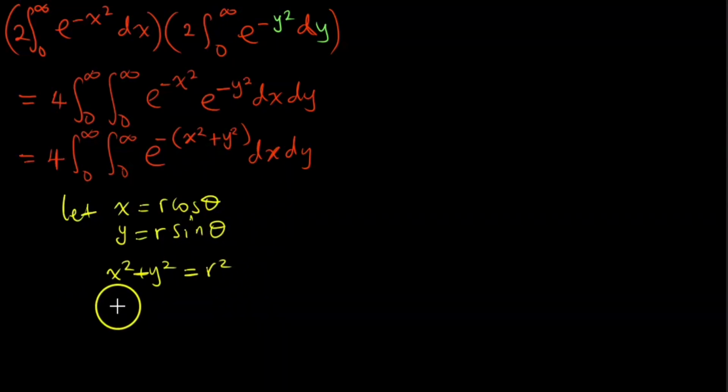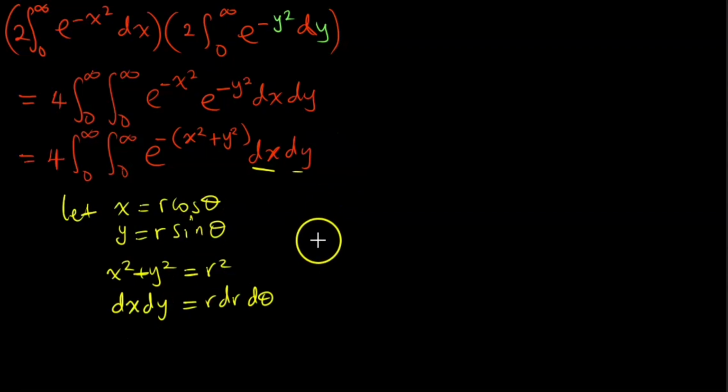Lastly, the product of the differentials, dx times dy, is the same thing as r dr d theta. When we learn double integrals, we can derive this using the annulus on the polar plane.